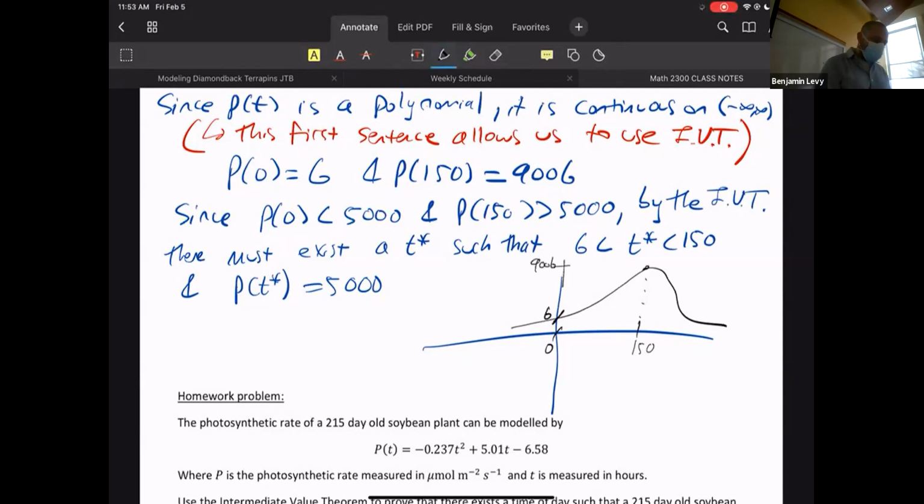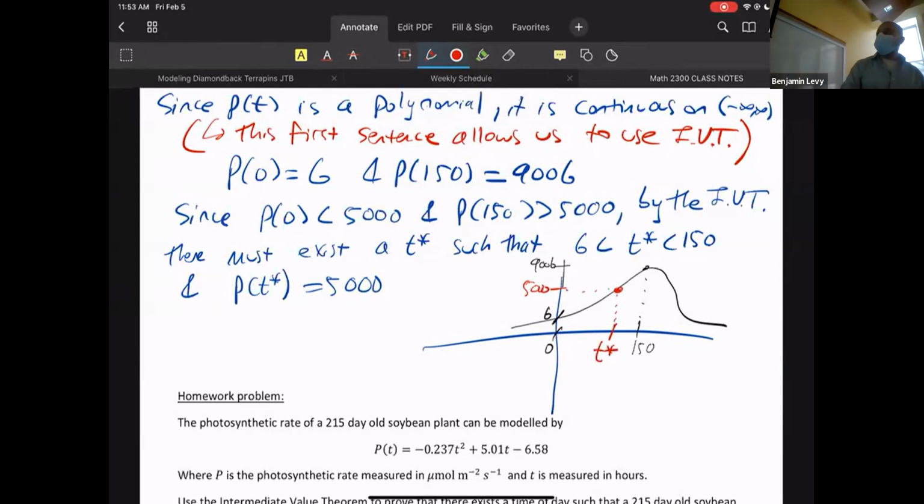So somewhere between those 2 points, it must have hit 5,000. Oops, not T star, that's 5,000. Somewhere between them. I don't know what it is, but it has to happen, right?